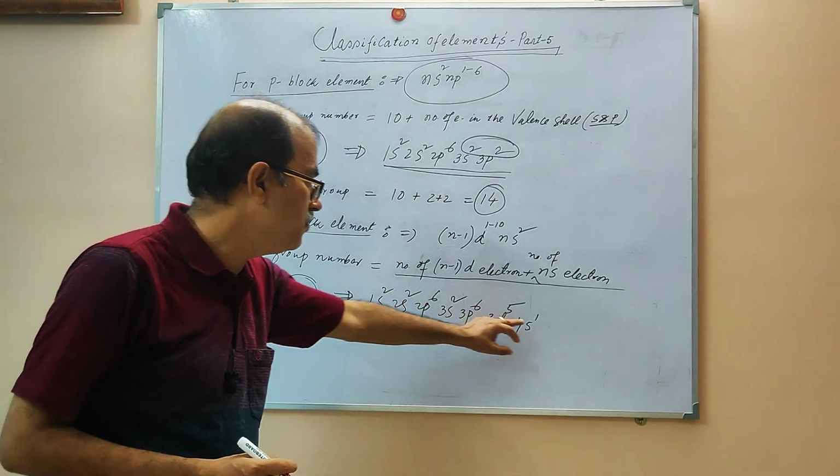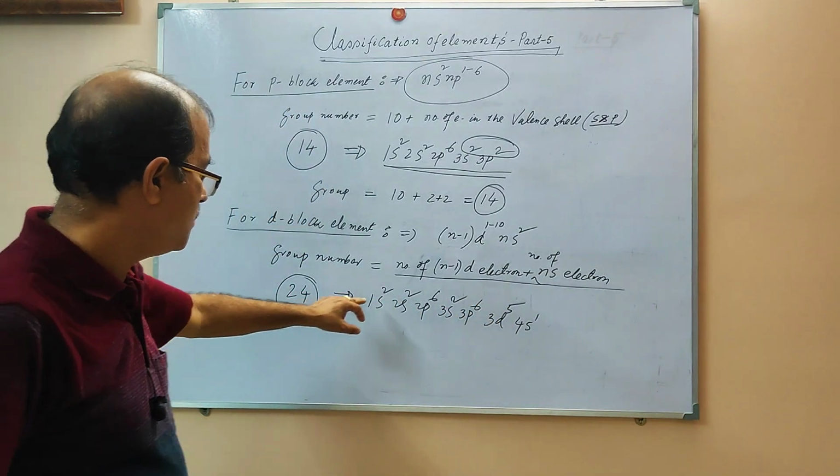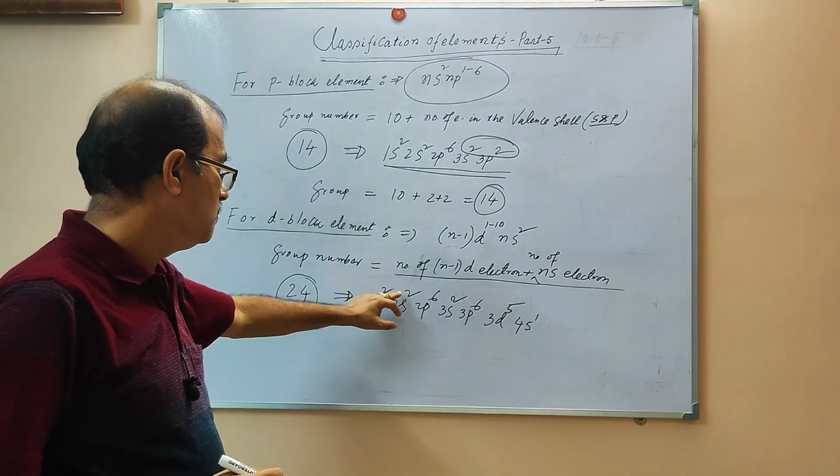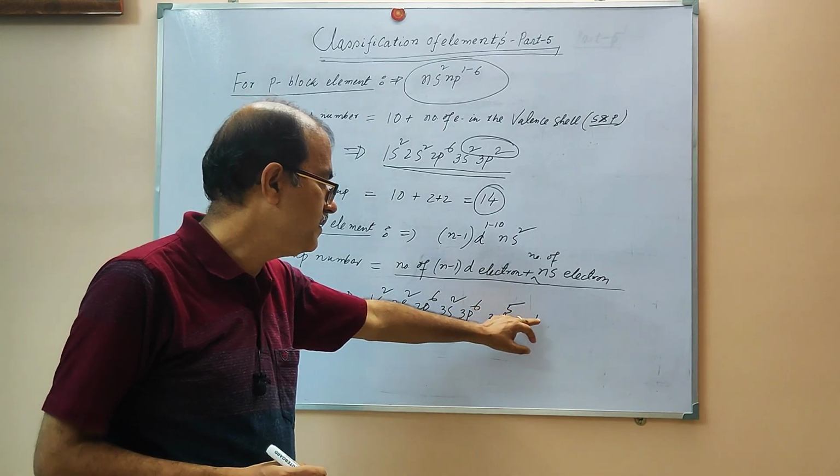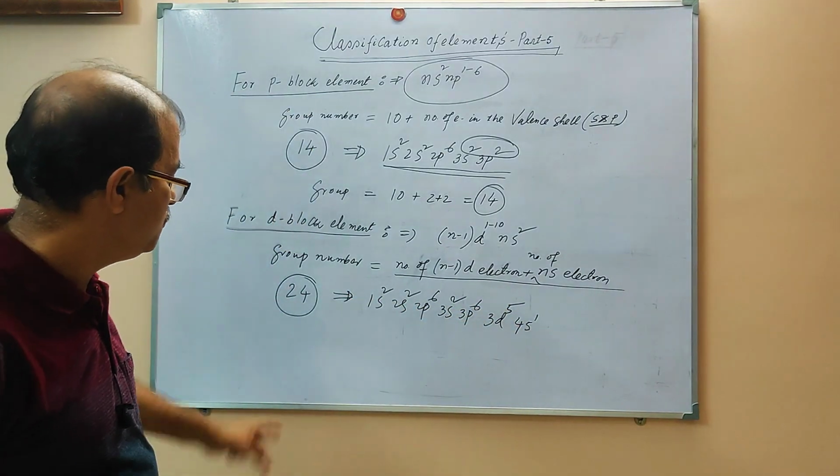We can count these electrons: 2, 4, 10, 12, 18 and 6 is 24.